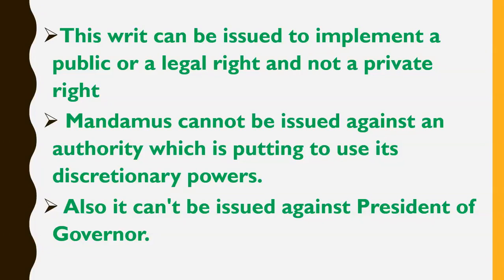Okay. Now friends, Mandamus cannot be issued against an authority which is using its discretionary powers. Now what does it mean? It means that the court cannot issue Mandamus against any officer or authority who uses his discretionary powers. So friends, here the work of government agencies can be divided into two parts.